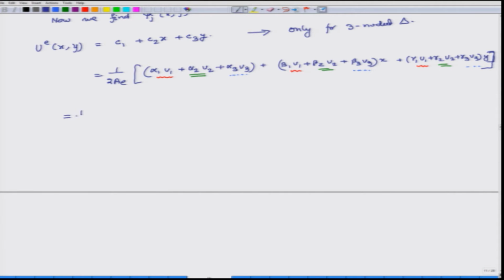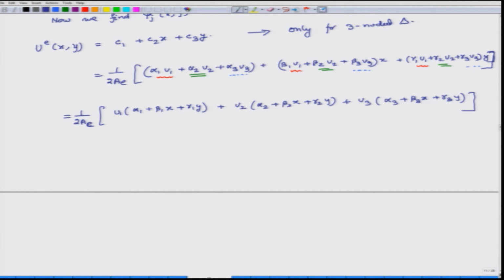So, what we get is 1 over 2 AE times u1 (alpha 1 plus beta 1 x plus gamma 1 y) plus u2 (alpha 2 plus beta 2 x plus gamma 2 y) plus u3 (alpha 3 plus beta 3 x plus gamma 3 y). Agreed?